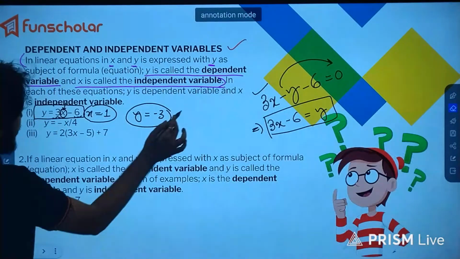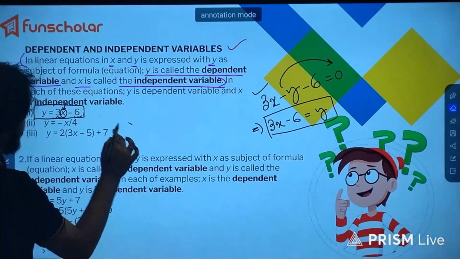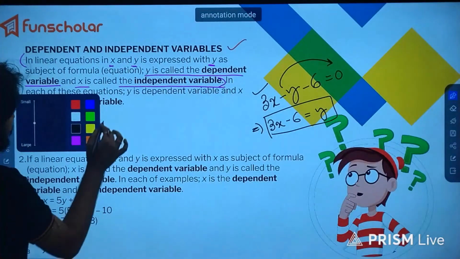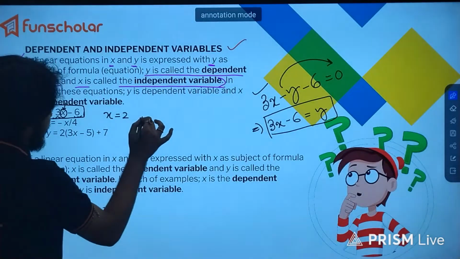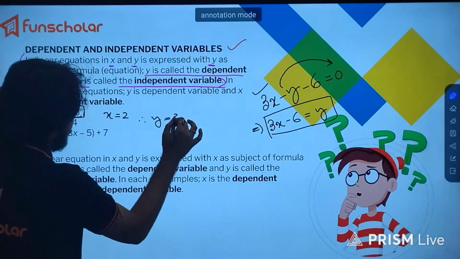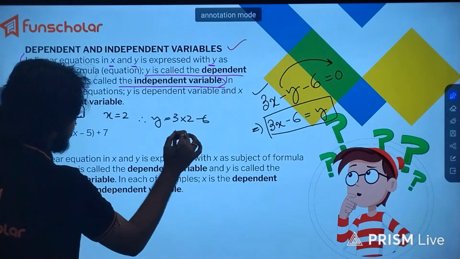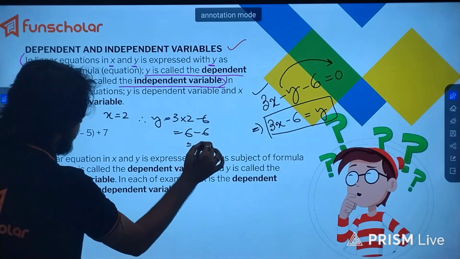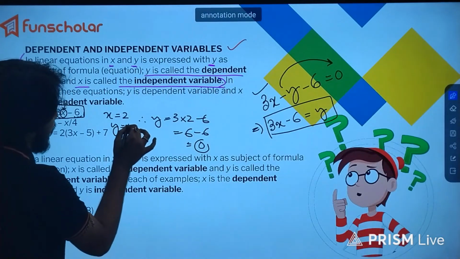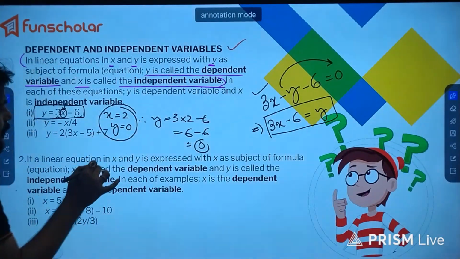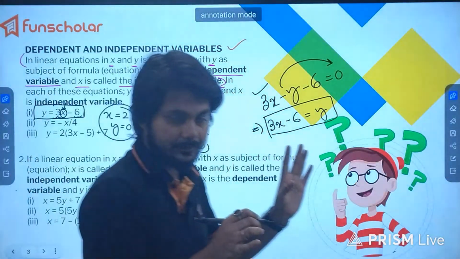Now suppose we are taking the value of x as 2, then y will be 3 into 2 minus 6, 6 minus 6, that is 0. So if we take x equal to 2, then we will get the value of y as 0.